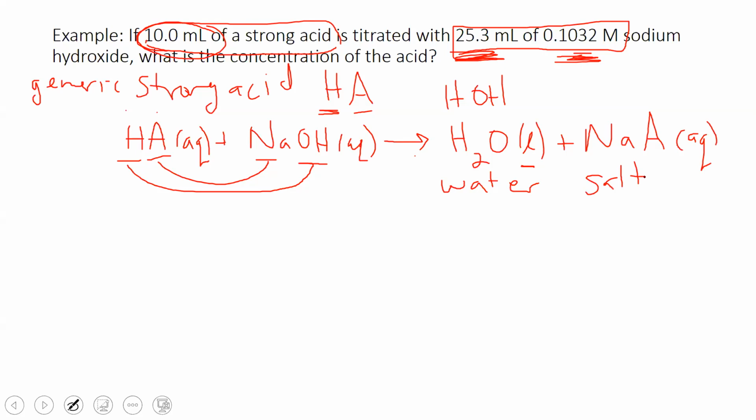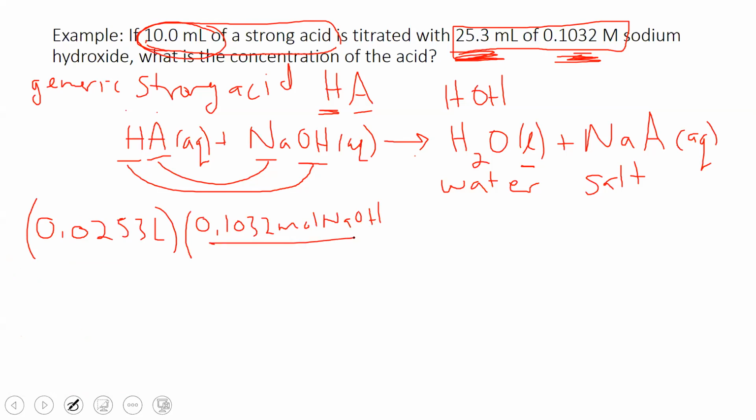So here, to figure out the concentration of the acid, first we need to figure out how many moles of the acid we started with. We can do that by taking the volume of the base, 0.0253 liters of base with a concentration of 0.1032 moles of sodium hydroxide per liter.